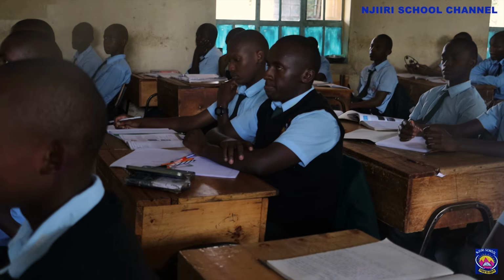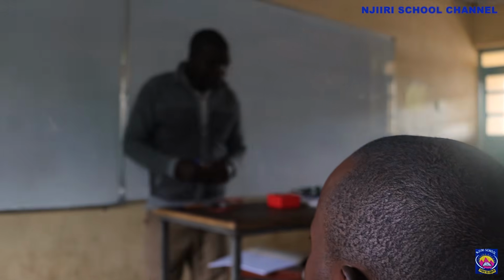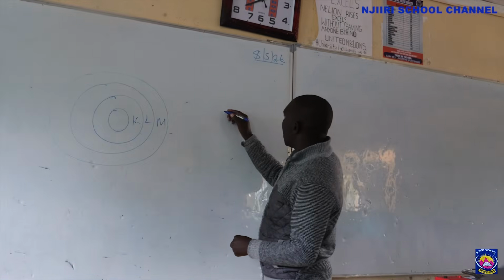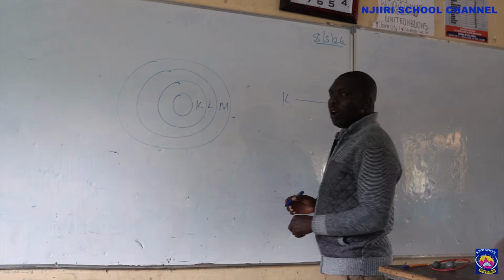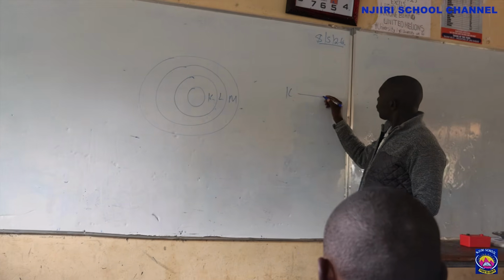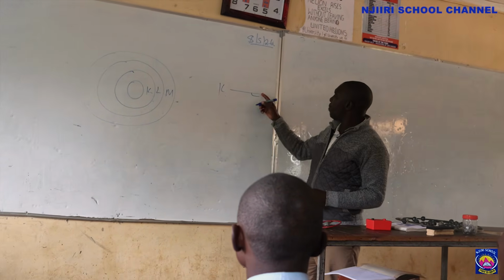And that determines how the energy level is going to split. You start with K. Because it is very close, how many bands is it going to split into? It is going to split once. So we have a band there.